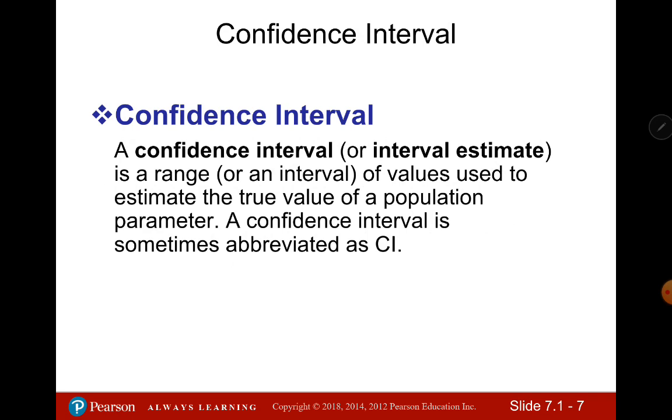We set a range, not a single value, and try to estimate the true value. This is called a confidence interval, or CI. A confidence interval is an interval, a range. It's not the single value. A single value is called a point estimate.